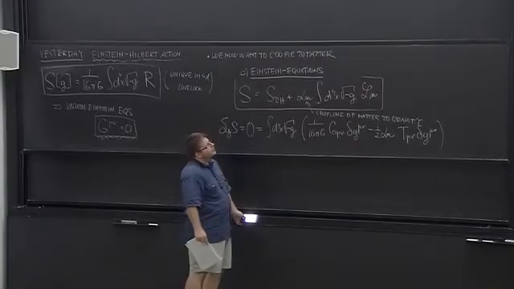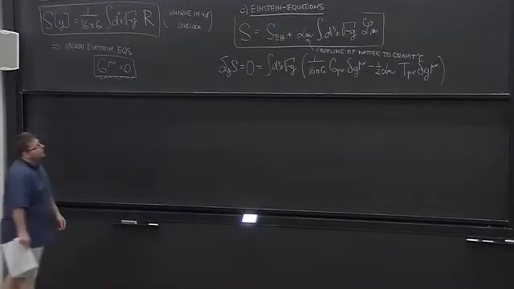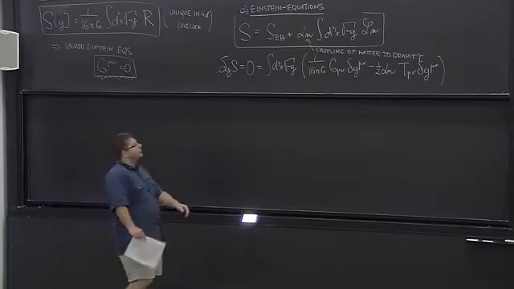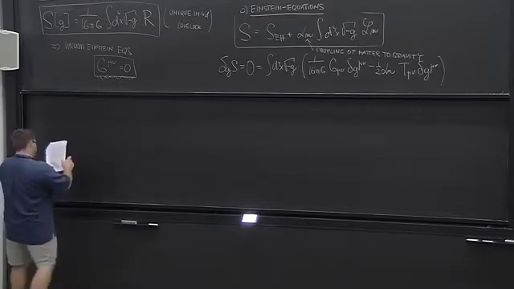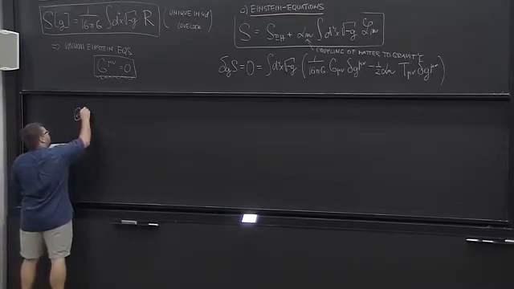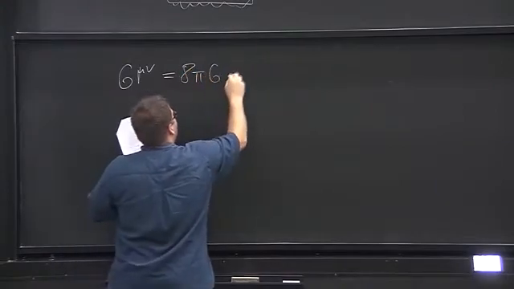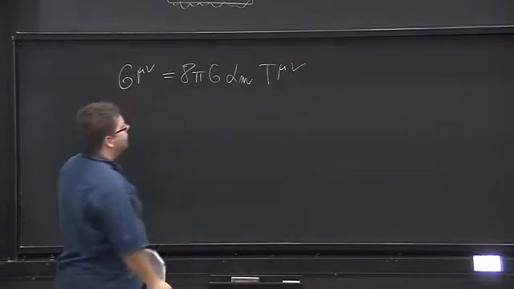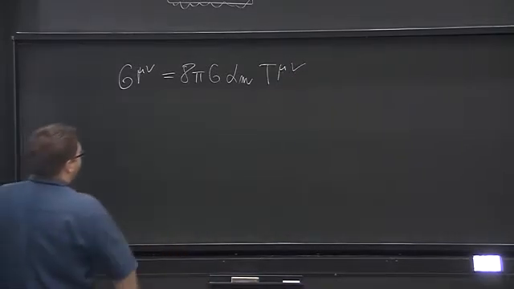Okay, so just remember how we define the energy momentum tensor. We define it as a variation of the matter action with respect to the metric. Well, the whole thing has to be equal to 0, so this must be true for any delta g mu nu. And so you are immediately getting the equations that G mu nu equals 8 pi G alpha m T mu nu. Okay, so that's the corresponding Euler-Lagrange equations.